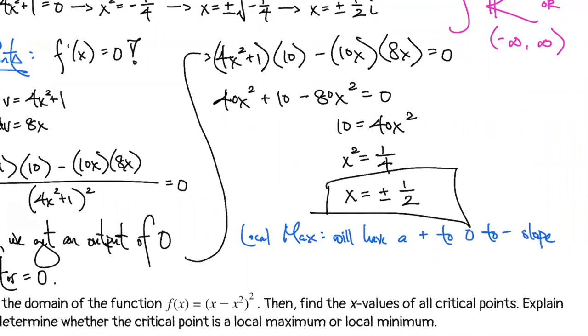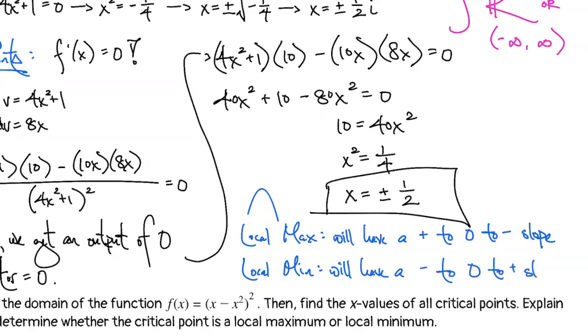If we think about a maximum, a positive slope to 0 to negative would give us a local maximum. Similarly, a local minimum will have a negative to 0 to positive slope. And we can sort of envision that negative to 0 to positive slope.